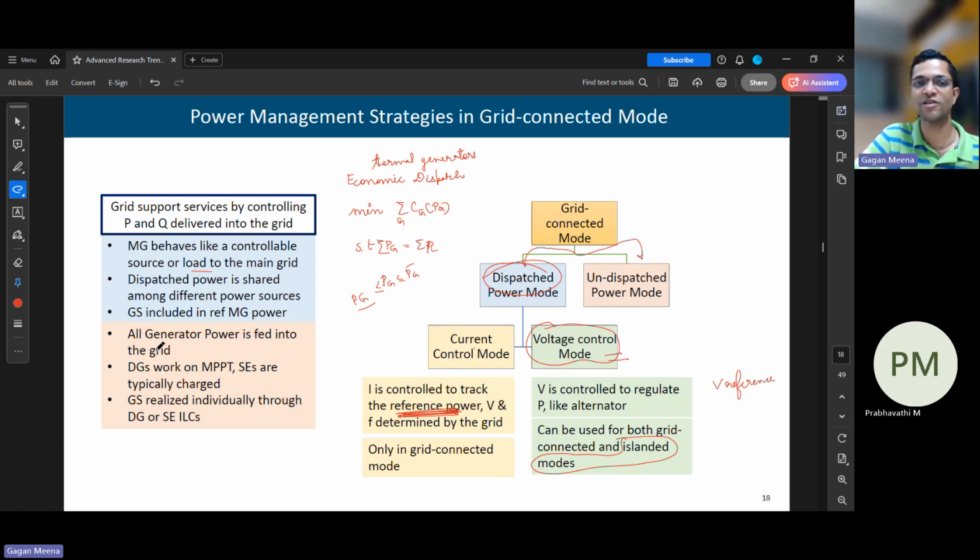So that's why all the generators, wind, solar, will be operating at their MPPT point. And the storage elements here, because they are generating maximum power and it's even more than the load, the storage will be charged up to 90%. And beyond that also, if there is excess generation, that excess generation will be sent into the grid.